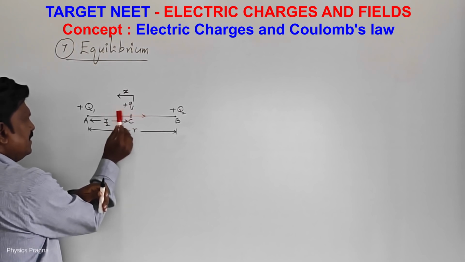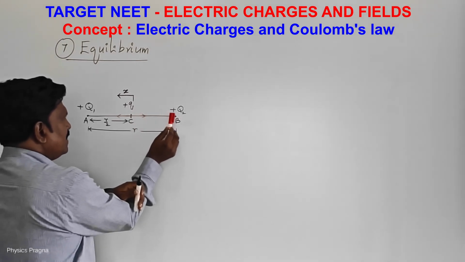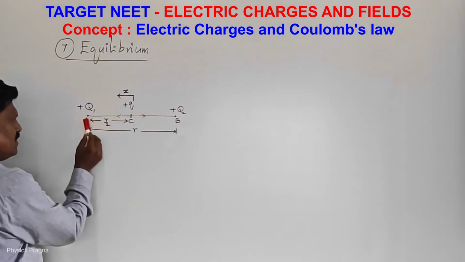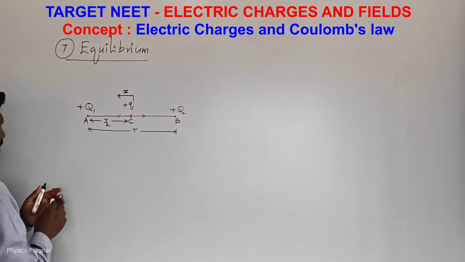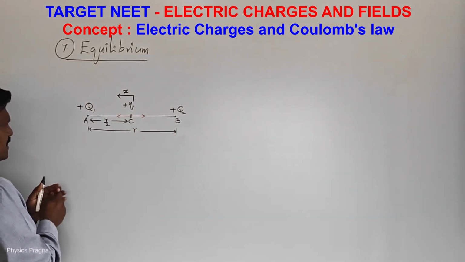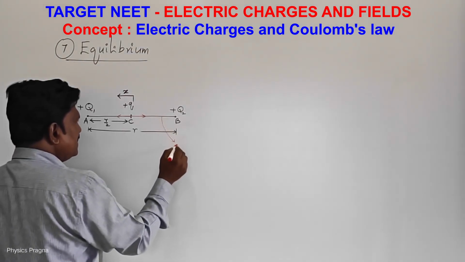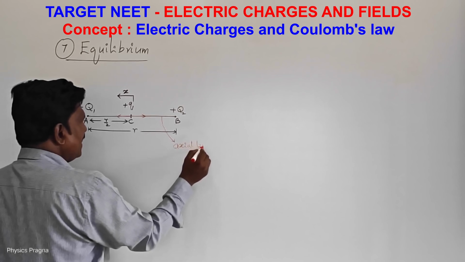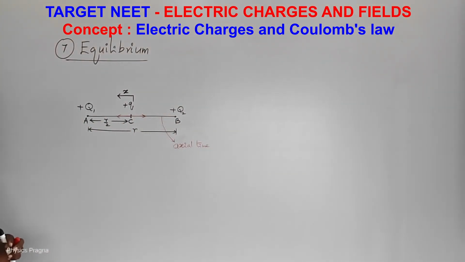and finally it comes back to its mean position, its previous position C. That's why, if plus Q, plus small q and plus q2, all three positive charges are there, the line joining the two charges is called the axial line.